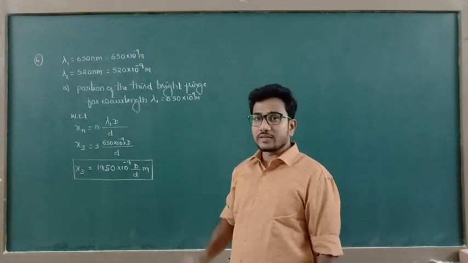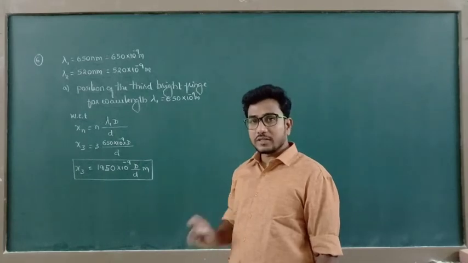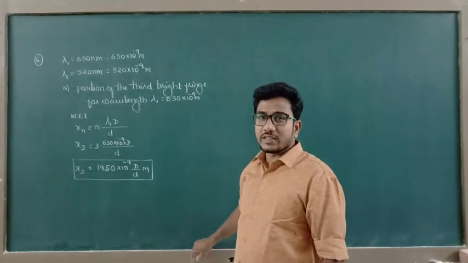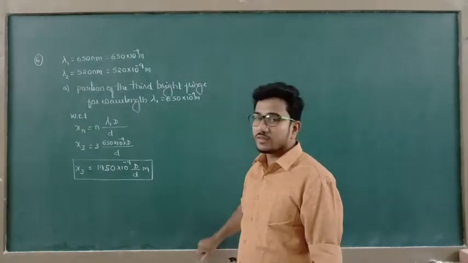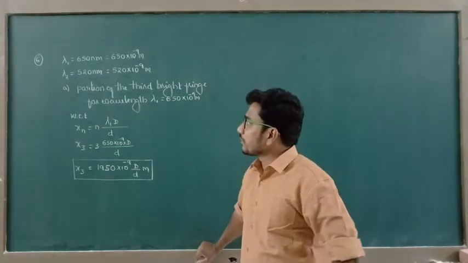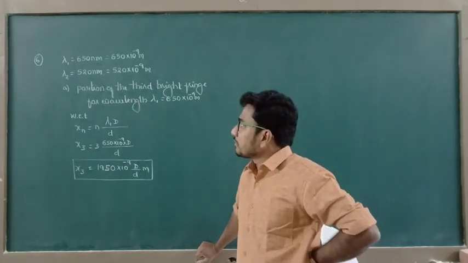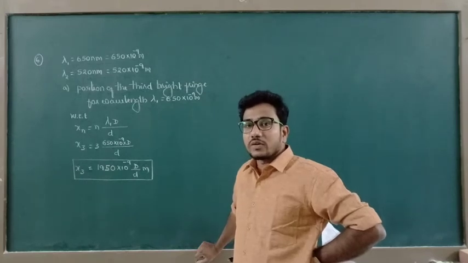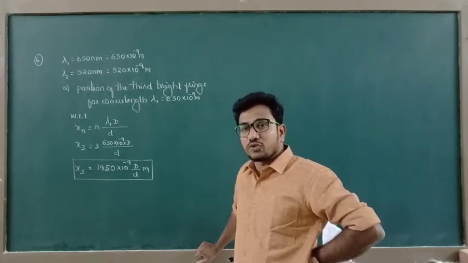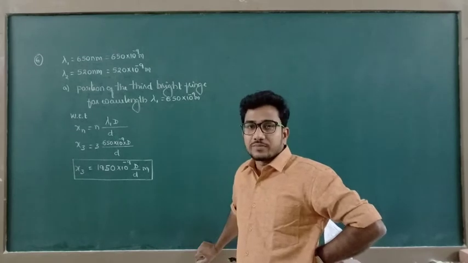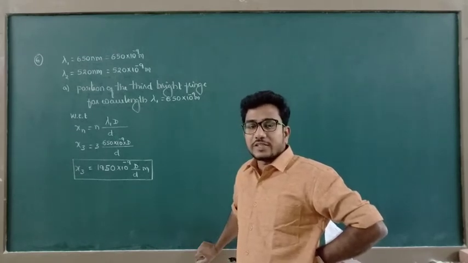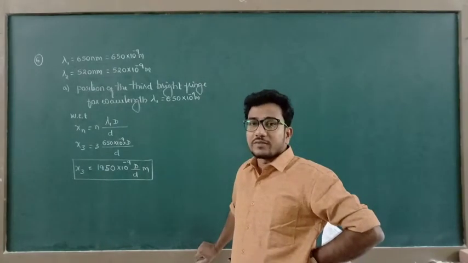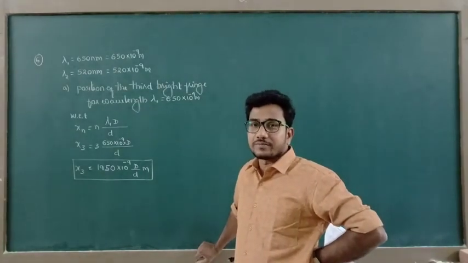Among these two patterns, one fringe is going to coincide with each other, that is, a fringe with respect to lambda 1 and a fringe with respect to lambda 2. And here we have to find the position of that fringe at which the fringes of the two interference patterns coincide.